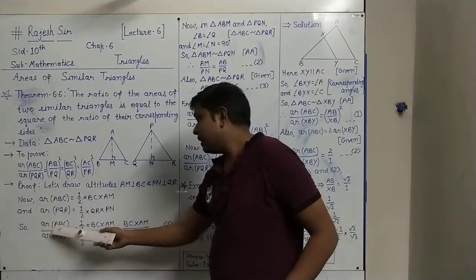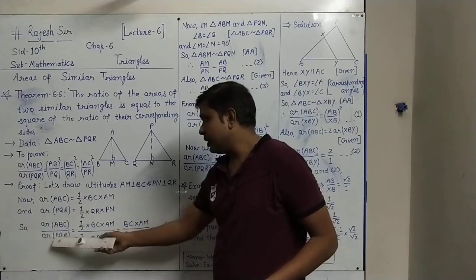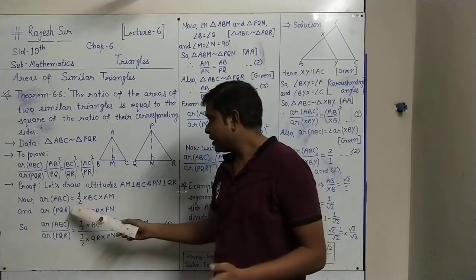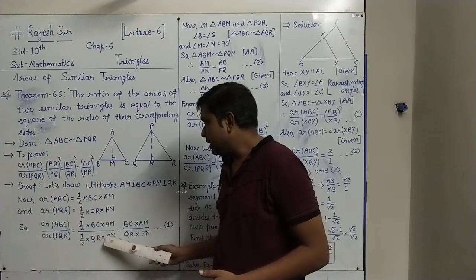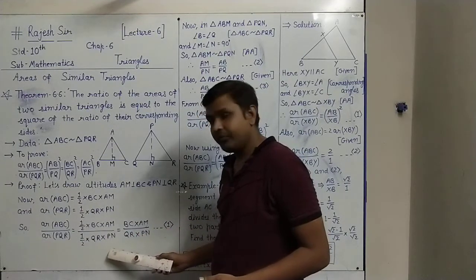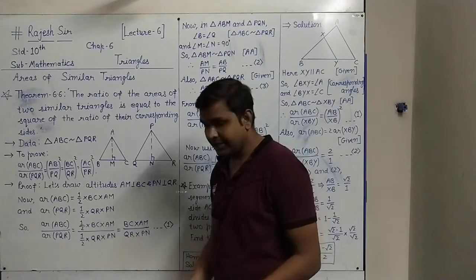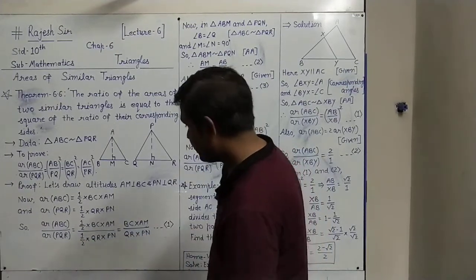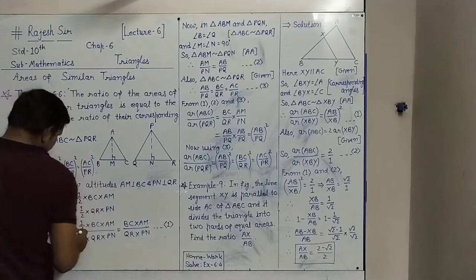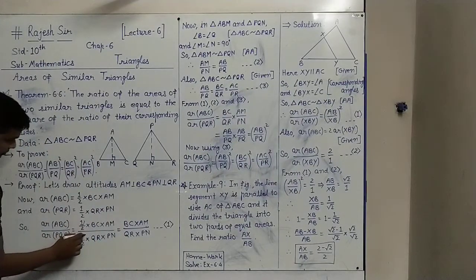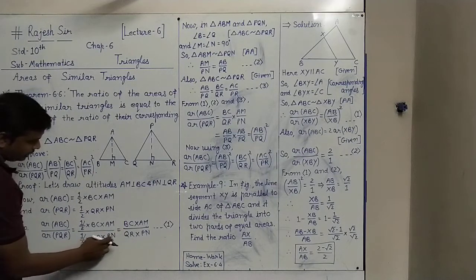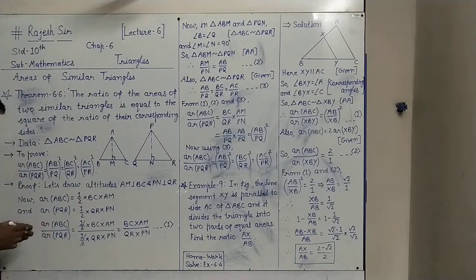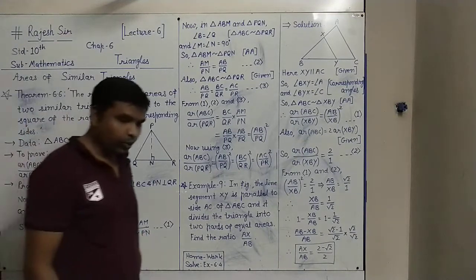Area of triangle ABC upon area of triangle PQR equals half BC into AM upon half QR into PN. You can see that the halves cancel, up and down. So what is remaining is BC into AM upon QR into PN. Call this result 1.